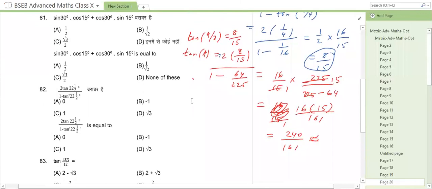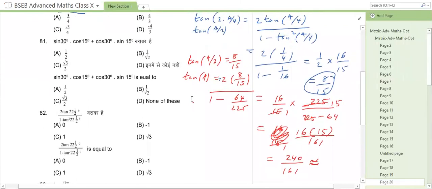Question number 81. So we have sine, cos, sine, so it's the expansion for sine. 30 plus 15 is 45 degrees.